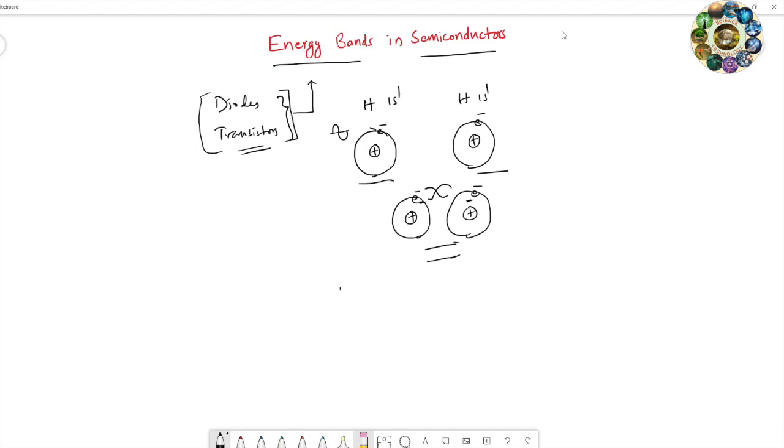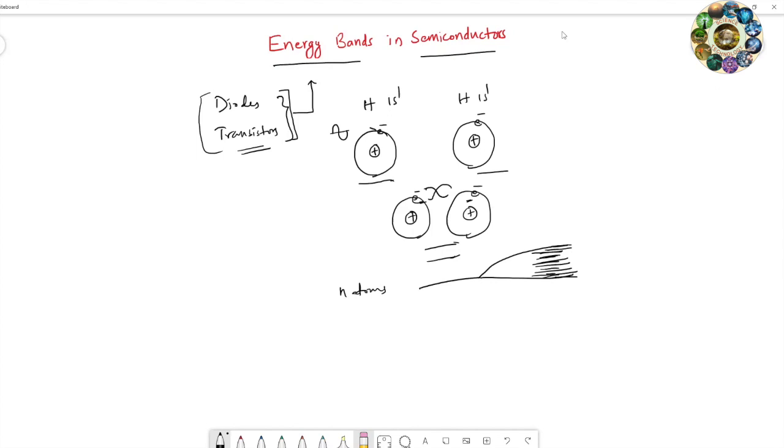If you put n number of atoms together to form a solid, these energy levels split to form a band of energy states. Within this band, the energy states are also discrete in nature.